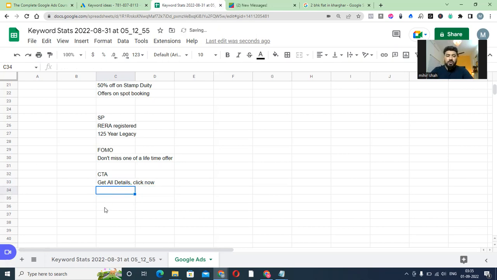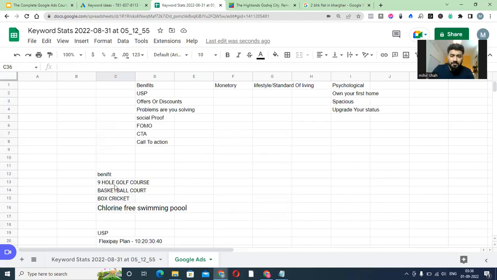So instead of just book your virtual tour or things like that, I am saying get your virtual tour today. Right. So even with respect to brochure, get your brochure today. Something like that. Instead of just book now, get now, click now, etc. Go more towards what is the next action going to give to you. What is it going to deliver to you?